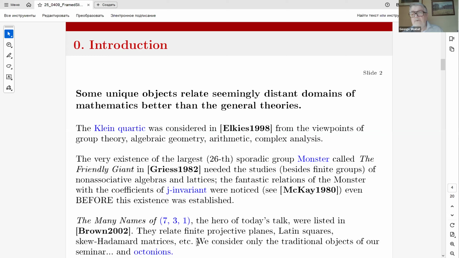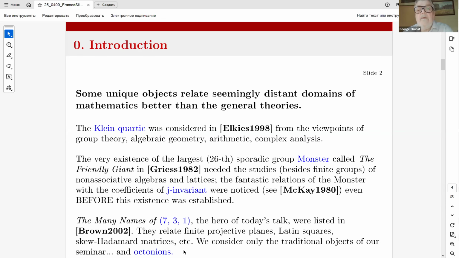We consider only those that are traditional for our seminar, plus octonions that are by no means traditional. And maybe I just share some random dreams about relating what we are usually doing with octonions, since we know now that their algebra is best understood in terms of just one single descendant form.